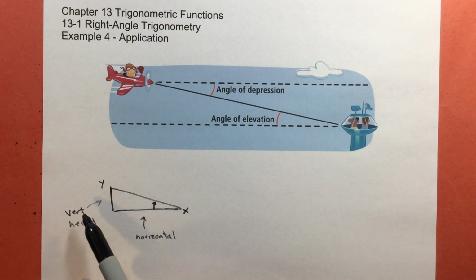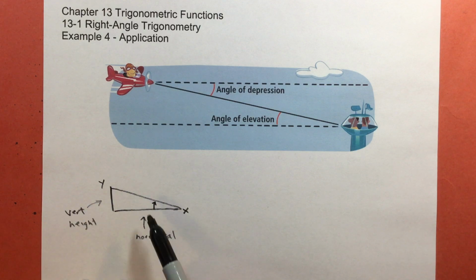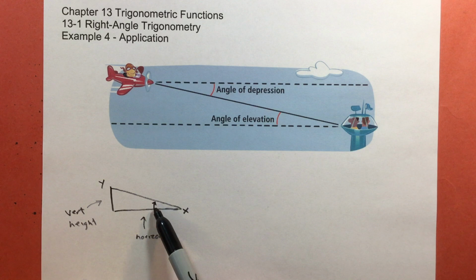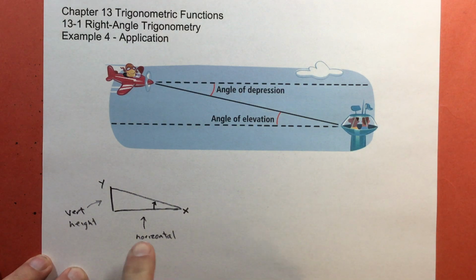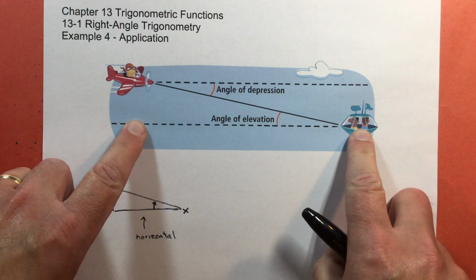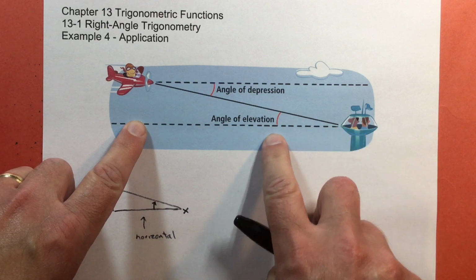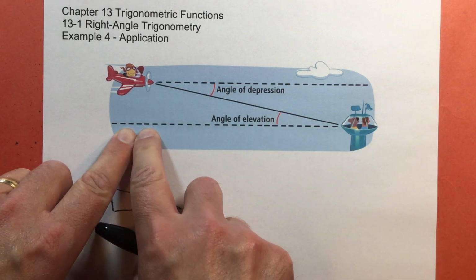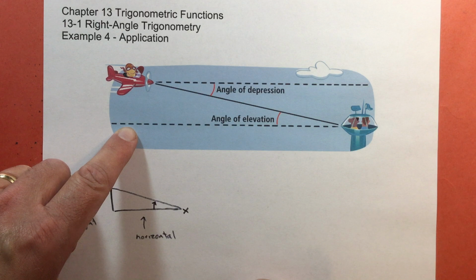If I know either the vertical distance or the horizontal distance, and I know this angle of elevation, I can figure out the other one. If I knew how far it was horizontally from the airplane to the tower, and I knew that angle of elevation, we could figure out the airplane's altitude.